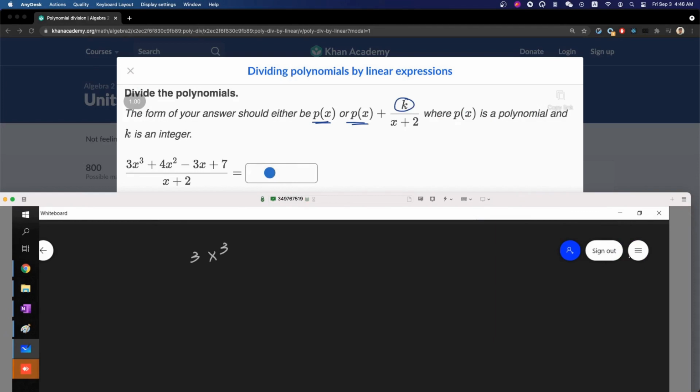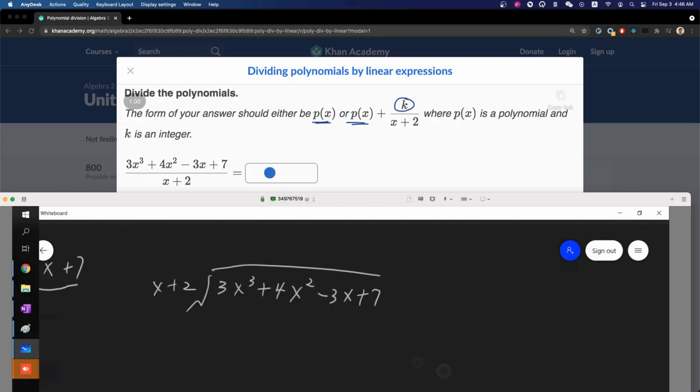3x to the third power plus 4x squared minus 3x plus 7. We're going to divide it by x plus 2. Yeah, let me do this. That wouldn't take us that much time. At the beginning, I would say something like this, x squared. So for this case, how about this, 3x squared.